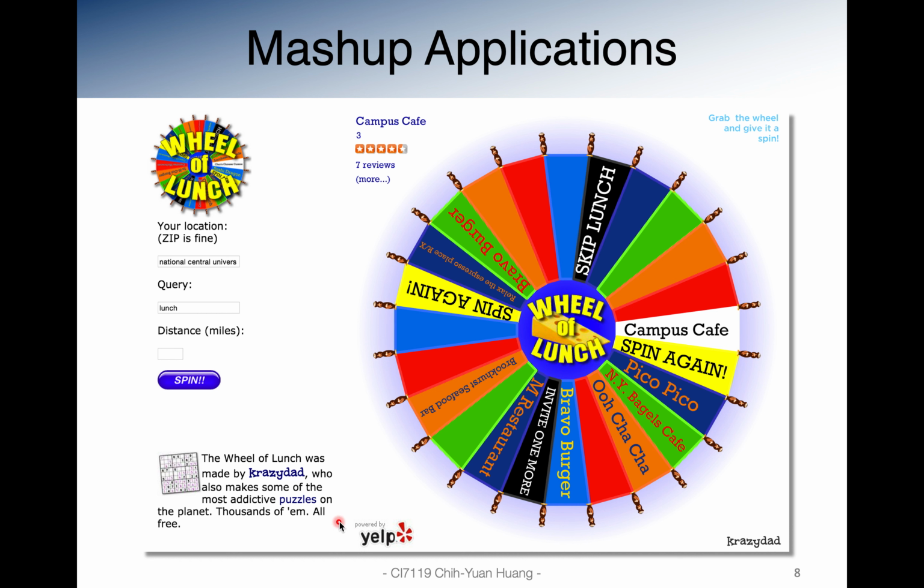It retrieves the restaurant information from Yelp, puts that into this type of application, and serves an interesting way to decide what to eat for lunch, for example. Okay, so basically that's our basic introduction to the mashup, and some of the potential applications in terms of web mashup applications.